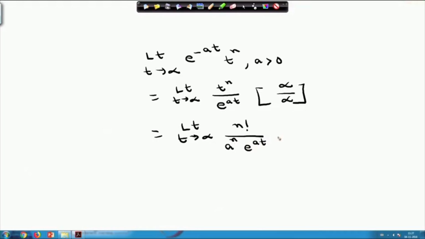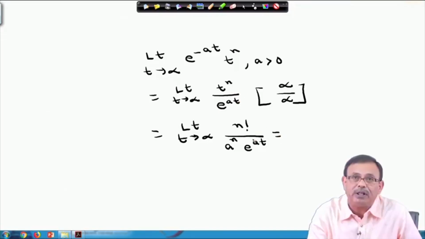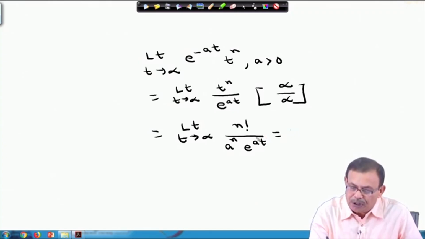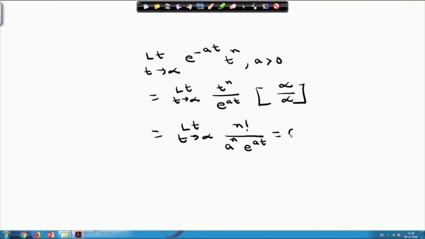After successively finding the derivative using L'Hospital's rule, ultimately you get n factorial by a^n into e^(at), whose lower portion always goes to infinity, so the value becomes 0. The limiting value as t approaches infinity will always be 0.